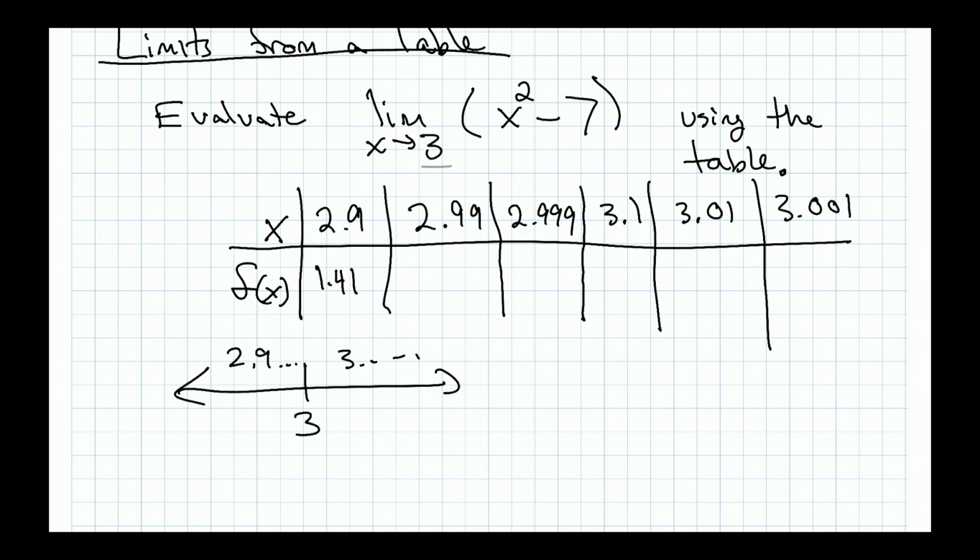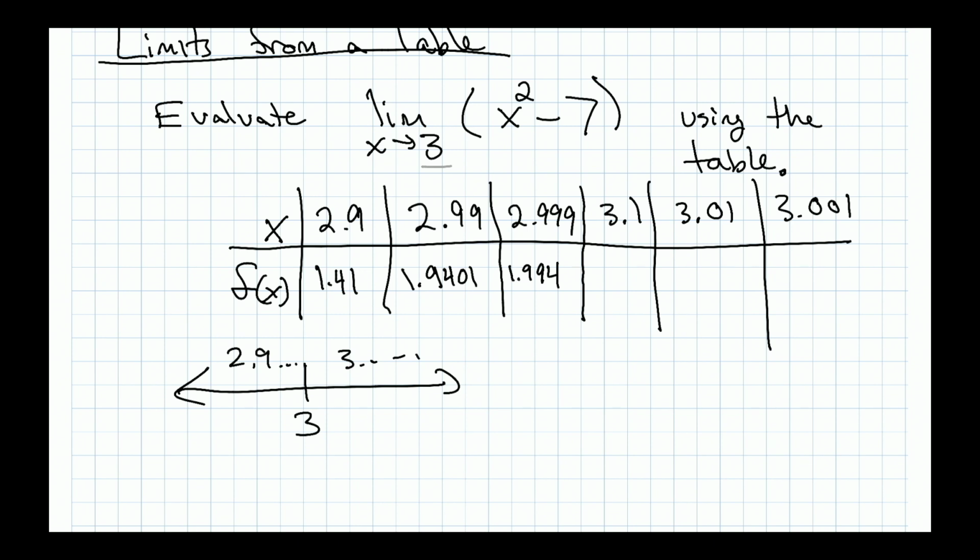So we get 1.41, and then for this one, I get 1.9401. This one, I get 1.994.